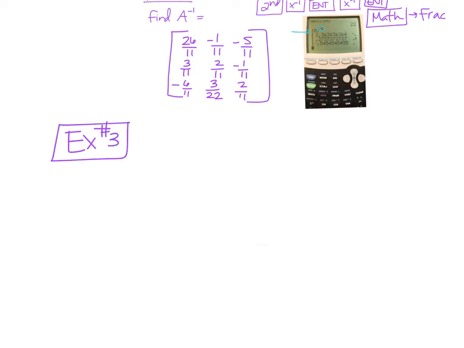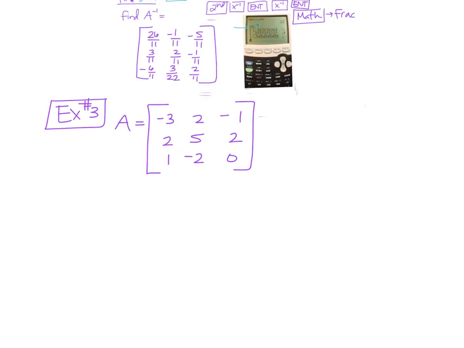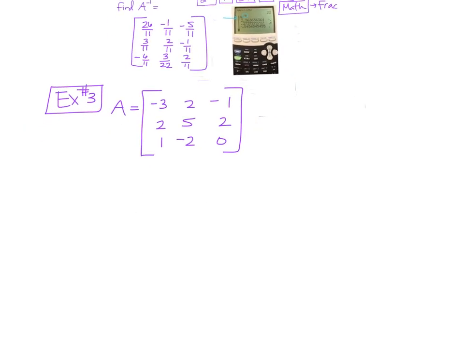For this one, let's say you have matrix A, and it is negative 3, 2, negative 1, 2, 5, 2, 1, negative 2, and 0. Now I'm going to show you the quicker way to find the inverse, using alpha zoom.